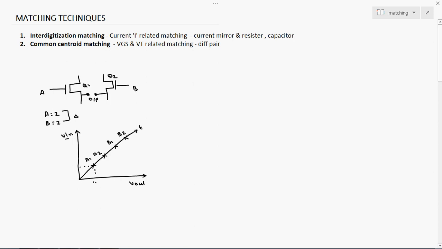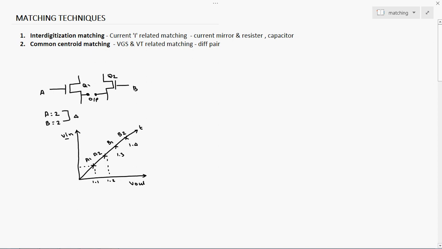For example, this one turns on at 1.1 millisecond, the second transistor at 1.2 millisecond, the third at 1.3 millisecond, and the fourth at 1.4 millisecond. A1 turns on at a different time, A2 at a different time, and B1 and B2 also turn on at different times due to the process variation.